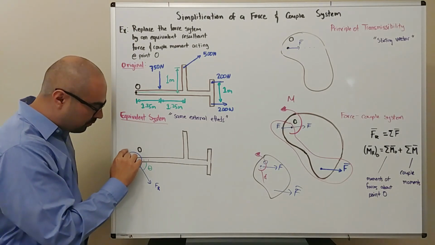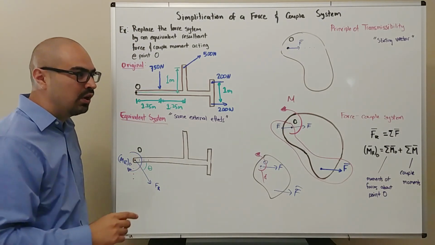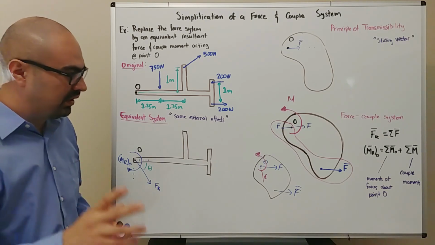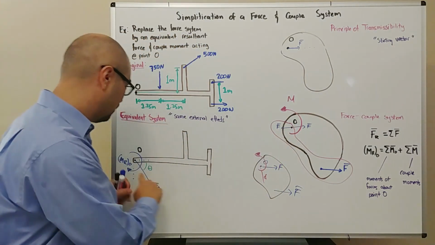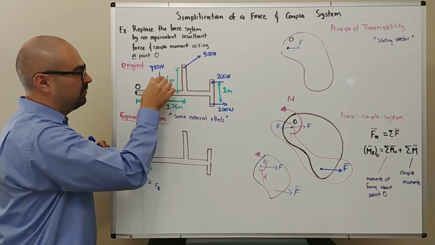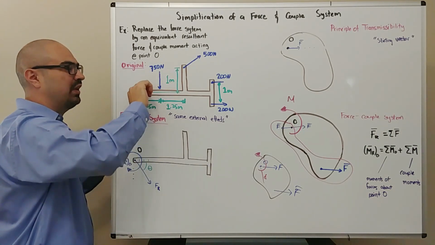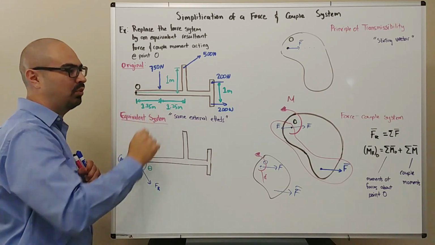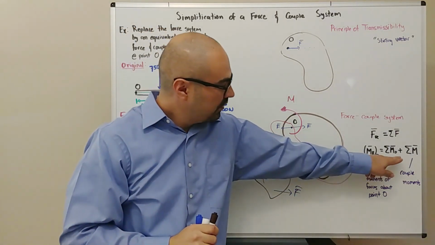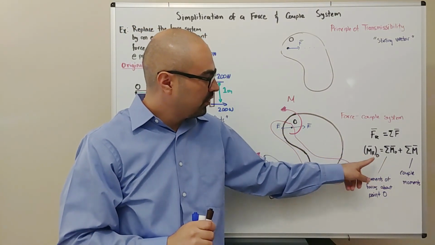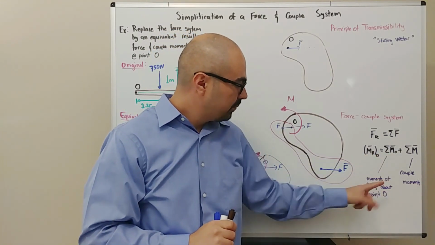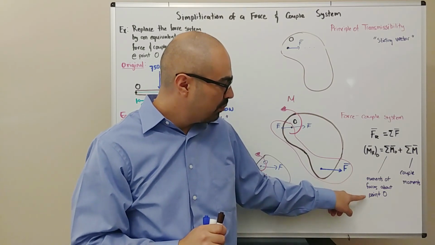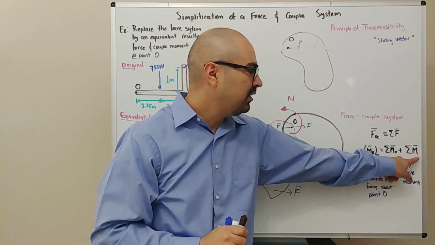To figure out the resultant moment at point O, it's going to be a function of two things. One, we can have the scenario where a force does not pass through point O. For example, over here, the 750 force does not pass through point O. It's going to generate a moment about point O. So these are the terms in this formula over here. The resultant moment about point O is the sum of the moments from all the forces about point O plus any existing couple moment.